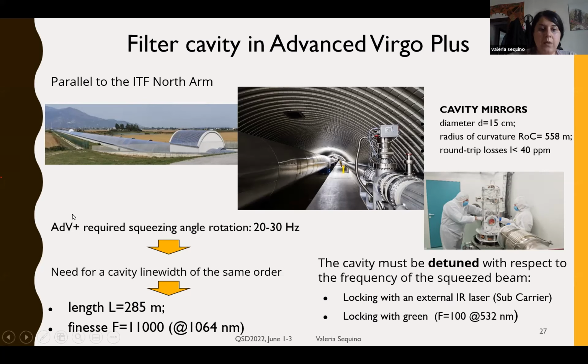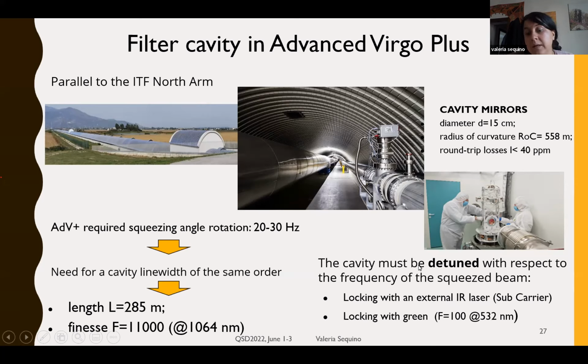Advanced Virgo Plus required a squeezing angle rotation at about 25 Hertz, and this justified the need for a cavity length of the same order, and then the choice of the length of the cavity and of the finesse, which is 11,000 at the frequency of interest.